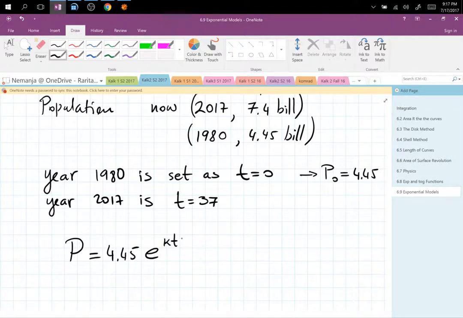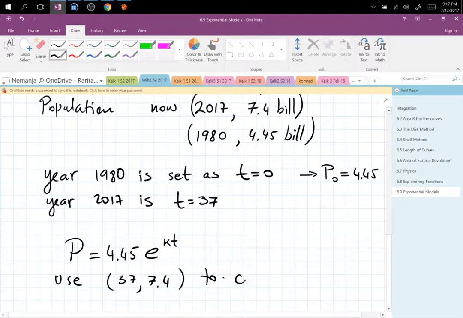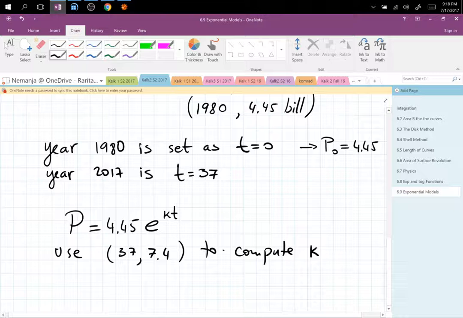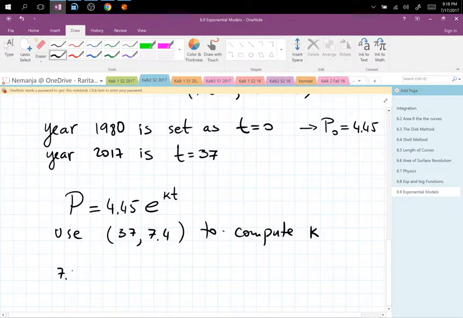And now I can use the other data point, 37 comma 7.4, to compute k, the growth rate. So we have 7.4 is equal to 4.45 e to the 37k. So this is our calculation now for k.